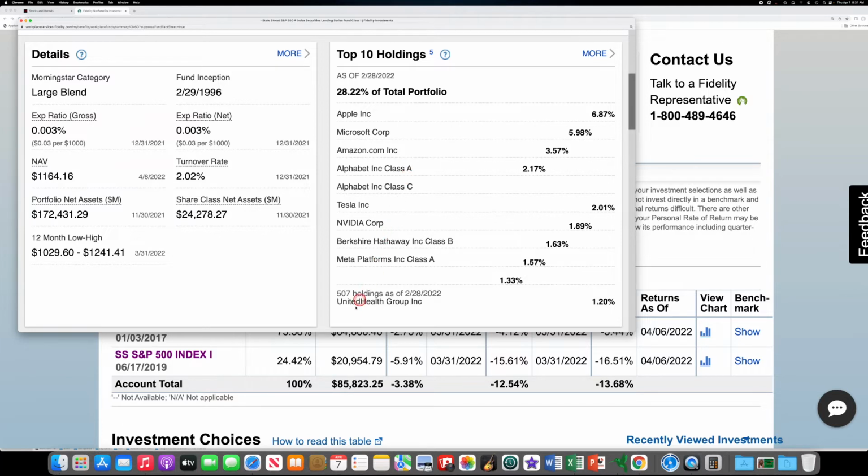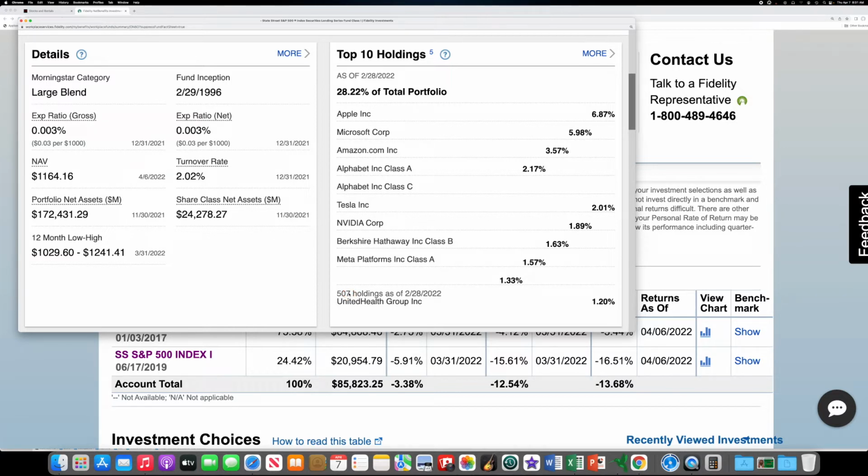And actually, I have my money in 507 different companies. So the cool thing about investing in a fund is spreading my money out to over 500 companies. So if one of these companies starts acting a fool, I got 506 companies still holding me down. So that's a good way to diversify your money by investing in a fund.